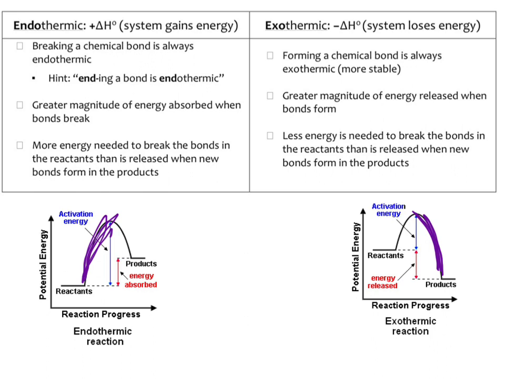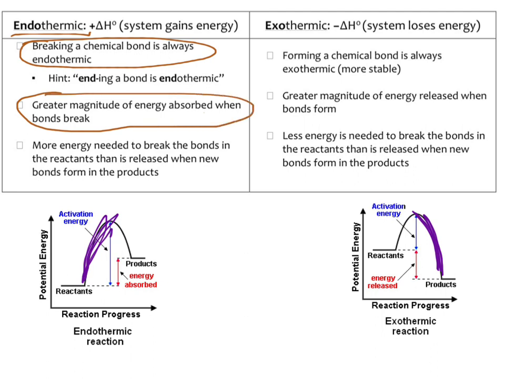So to kind of sum up everything, this chart is in your book. Breaking bonds is always an endothermic process. Greater magnitude of energy absorbed when bonds are broken will result in an endothermic process.